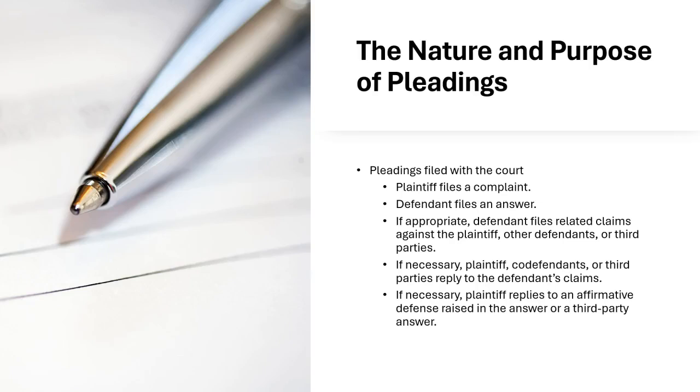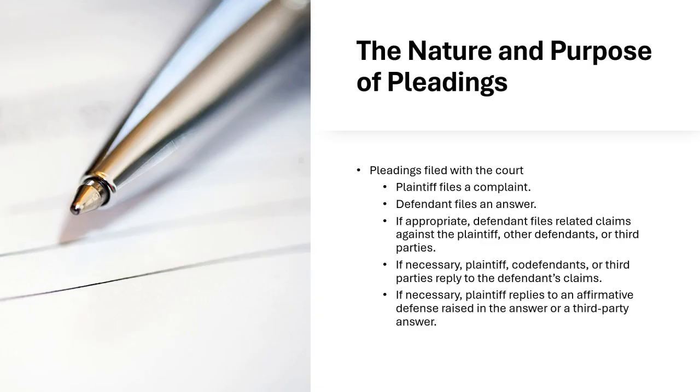So what are pleadings for? Well, they're filed with the court, obviously. The plaintiff files the complaint, the defendant files an answer, and these are pleadings. They, as pointed out earlier, discuss the overall standing of the case at hand. If there are related claims against the plaintiff, the defendant can file a counterclaim.